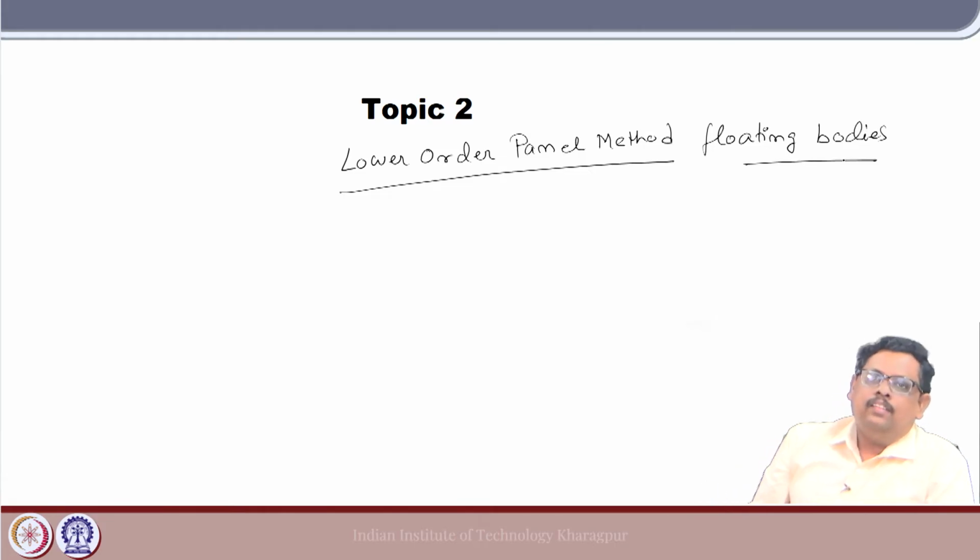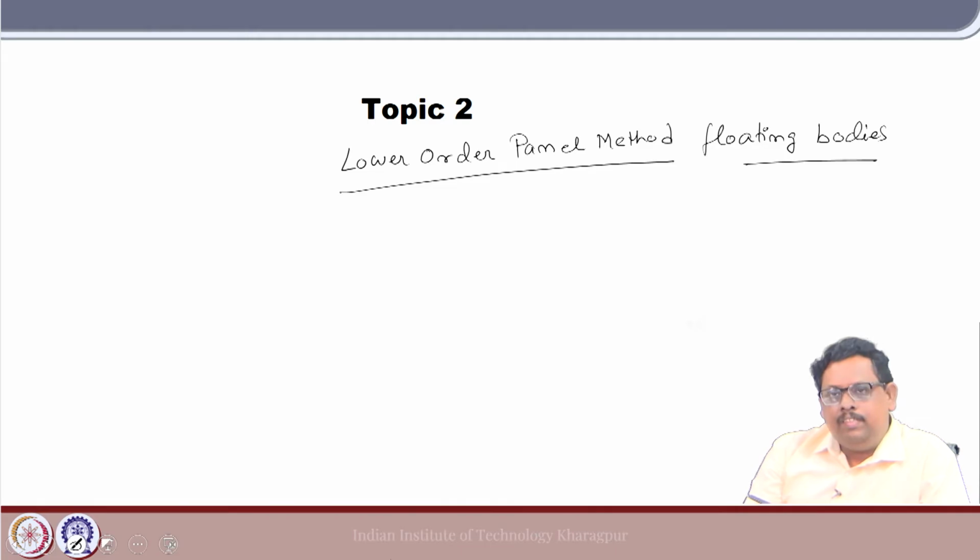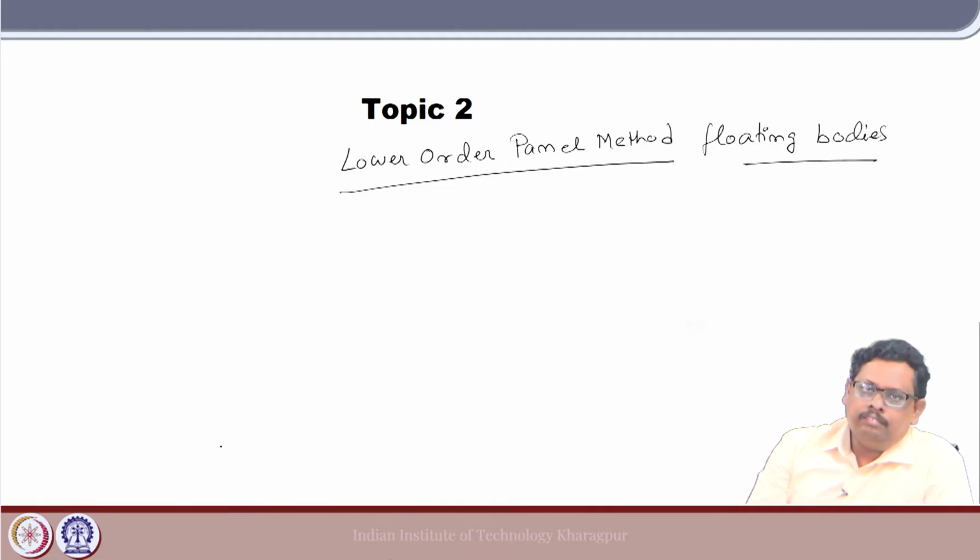Here we learn the basics of the lower order panel method, and then how we can get the added mass, damping, force, displacement, everything using this lower order panel method.